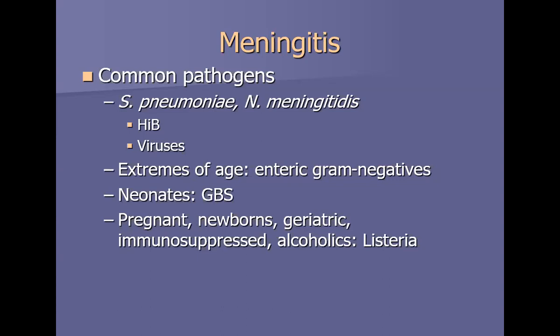And we see this. I had a pregnant woman who went into labor a month early, baby was born with Listeria bacteremia, and she had Listeria bacteremia. She was from Mexico, I think, and her family came up, they were anxious for the baby, they were excited for the baby to be born, and they brought fresh cheese that wasn't pasteurized and gave it to her, and she got Listeria and went into early labor.